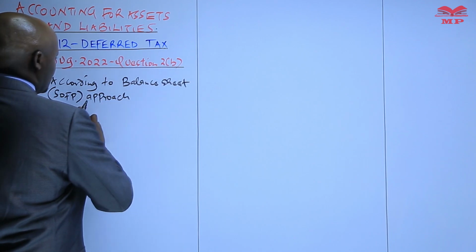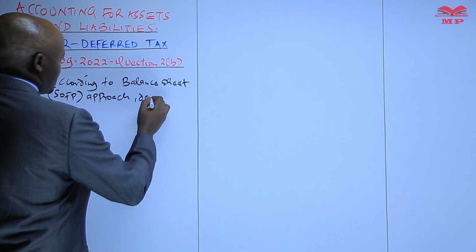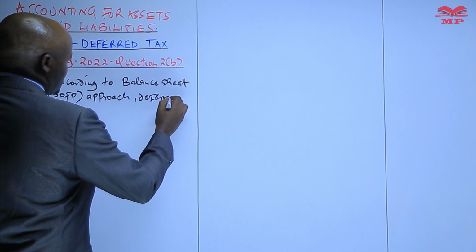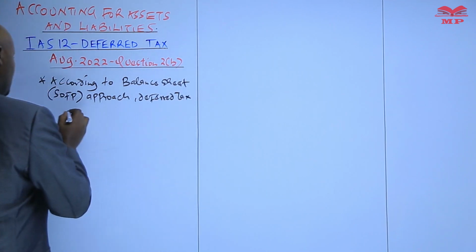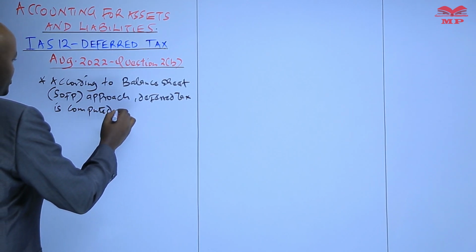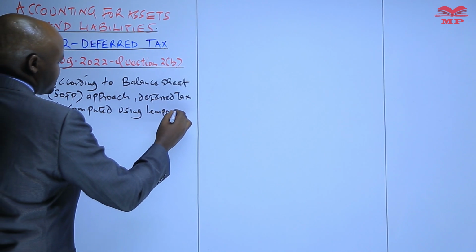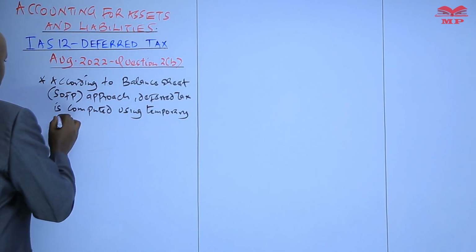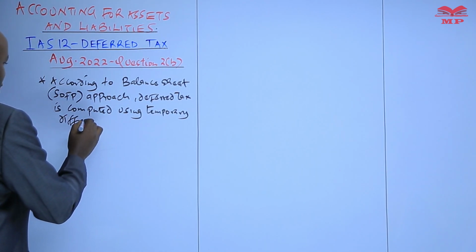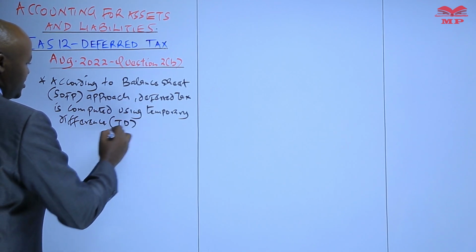According to the balance sheet or statement of financial position approach, deferred tax is computed using temporary difference, which is abbreviated as TD.